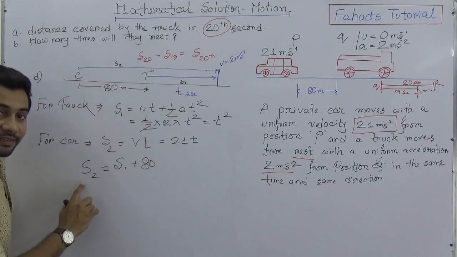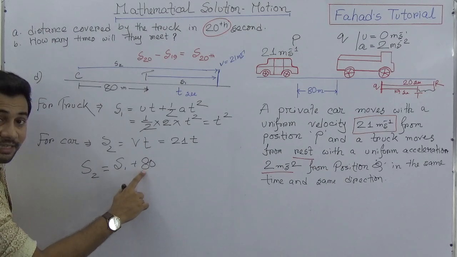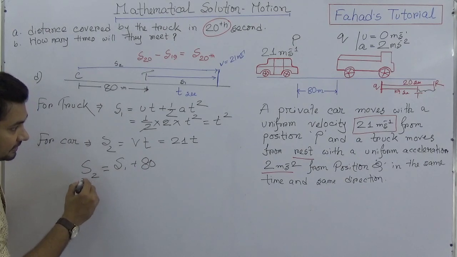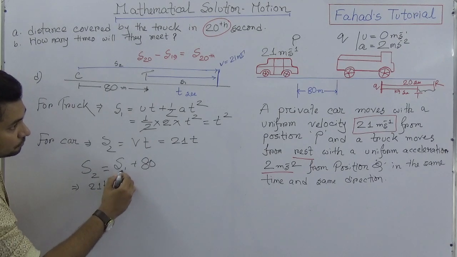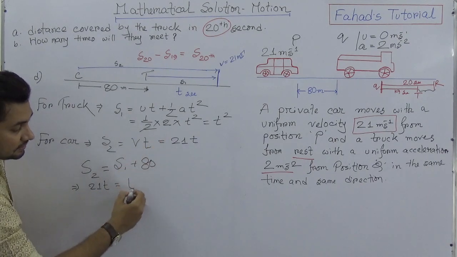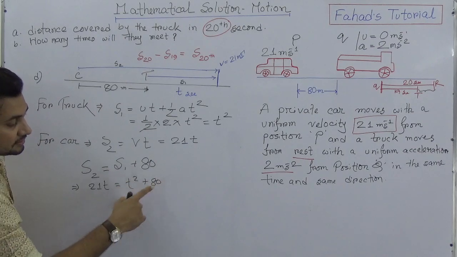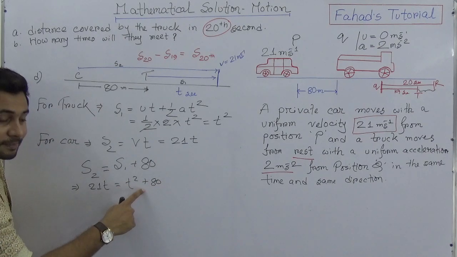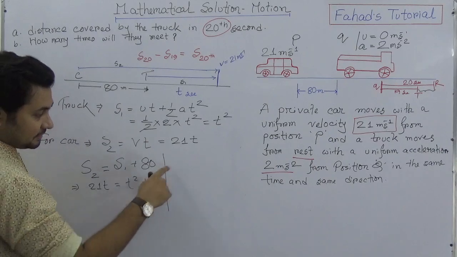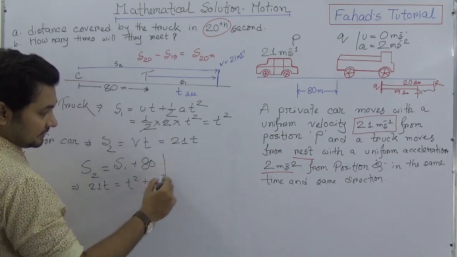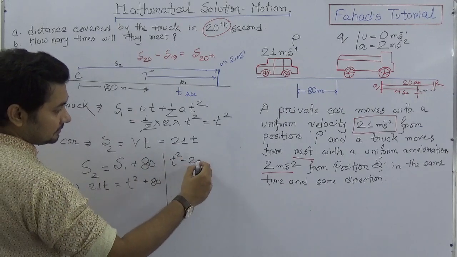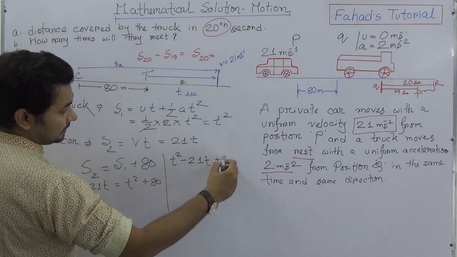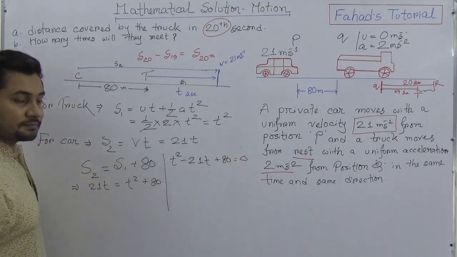So if S2 is S1 plus 80, then S2 is 21t and S1 is t square plus 80. Now we got a middle term here. So we can say that t square minus 21t plus 80 is 0.